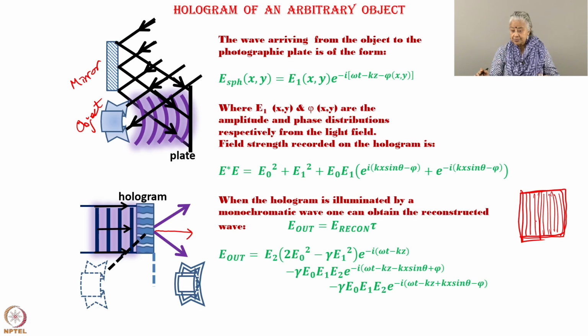That is what I had said in the previous slide, that when you have silver halide for a photographic plate, you can just have this. They need not be very accurate, because you have to get finally a total picture.